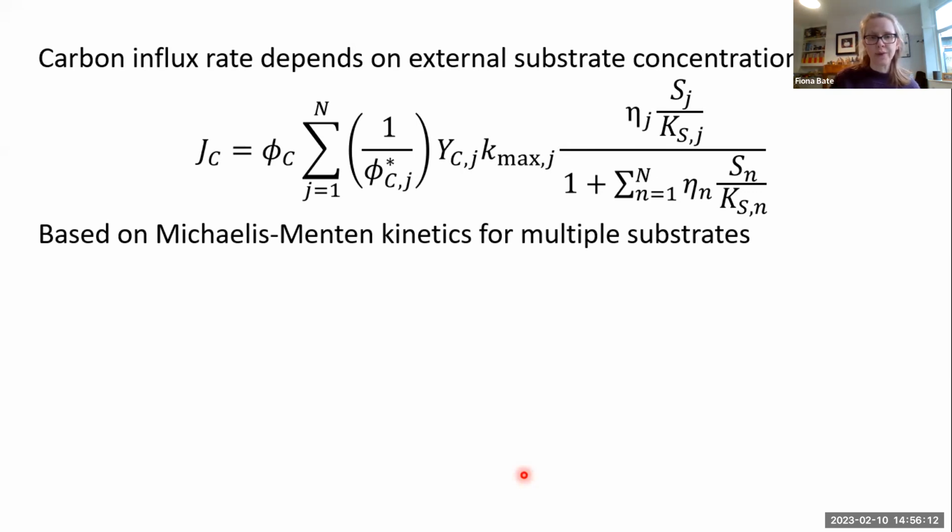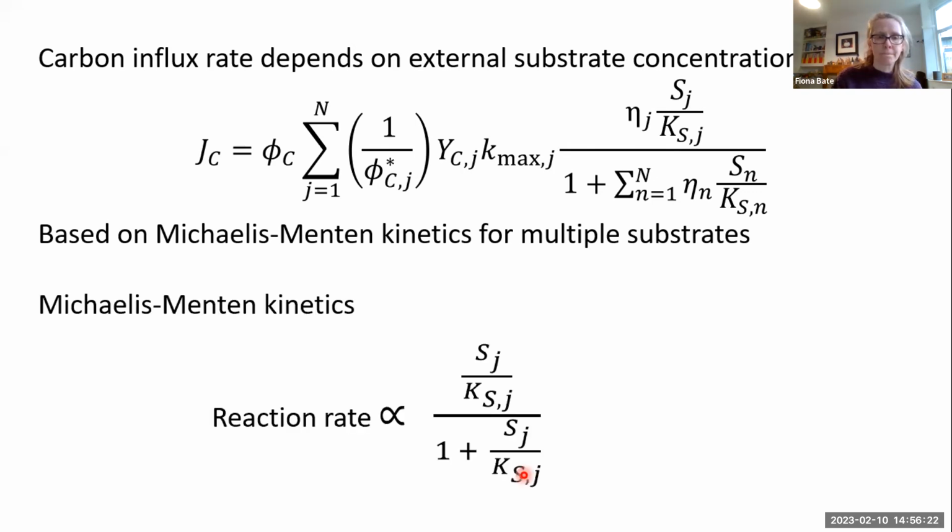And we've based the substrate uptake rate on Michaelis-Menten kinetics for the rate of the substrate uptake reaction. So Michaelis-Menten kinetics basically says that the reaction rate depends on substrate concentration, which is this Sj, in the following way. You might have seen it more commonly written like this, Sj divided by Ks plus Sj, where this is an affinity constant for the substrate, but it's exactly the same as this, just divided through by Ks.